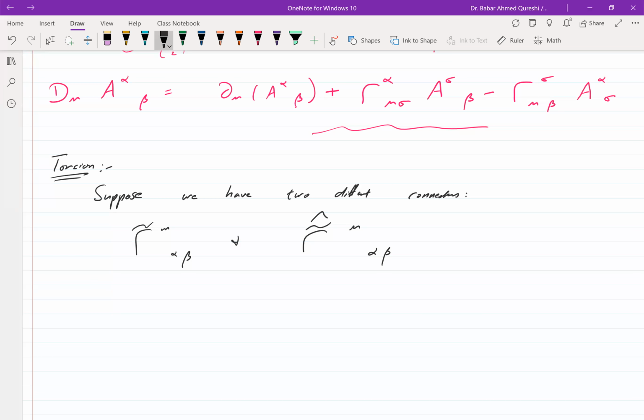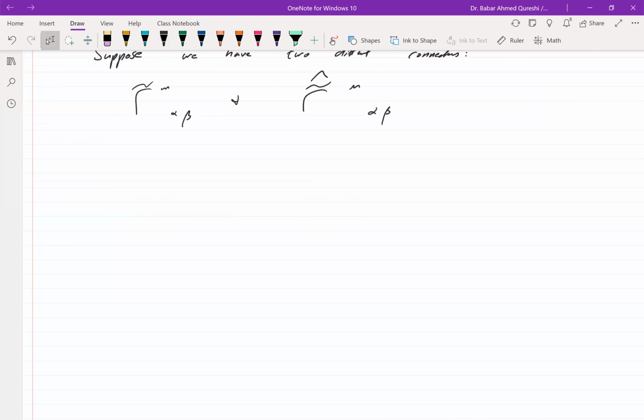Gamma tilde and gamma tilde hat. Then if I compute this guy, and this guy, covariant derivative computed with the first set of coefficients minus covariant derivative computed with the second set of coefficients.